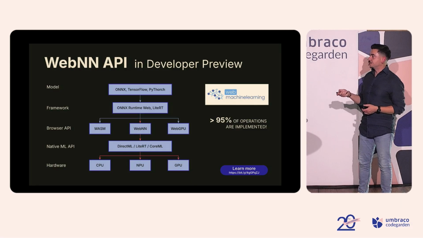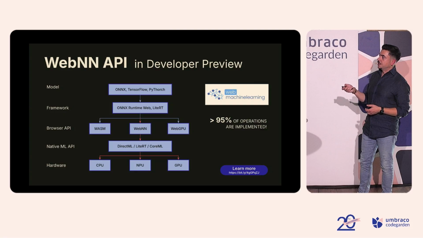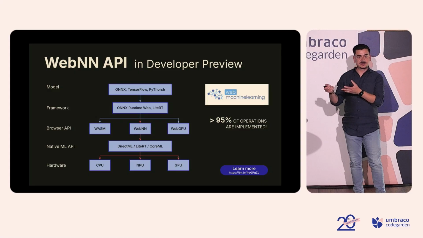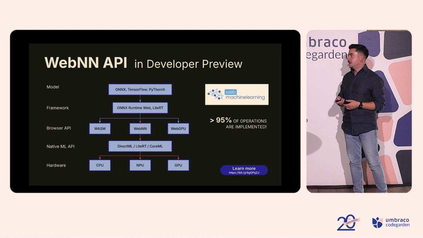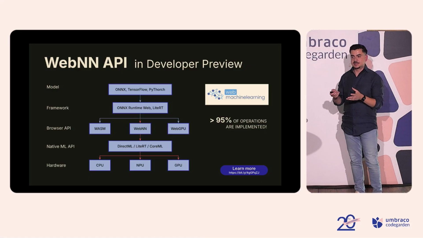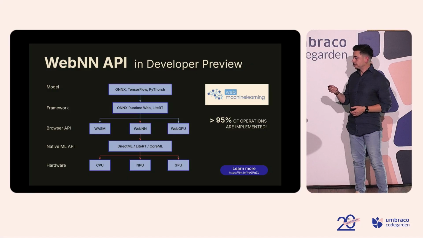It's abstracted away from you. And the ONNX framework and ONNX Runtime on the web is one of the frameworks that implements this. So once you use Transformers.js or WebLLM, for instance, there is a high chance that you are using this as well.